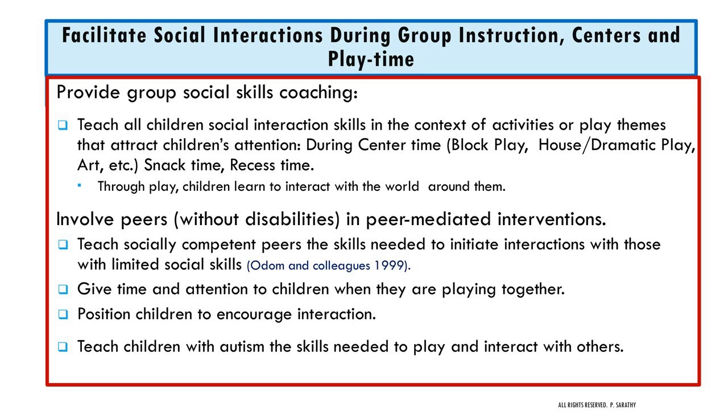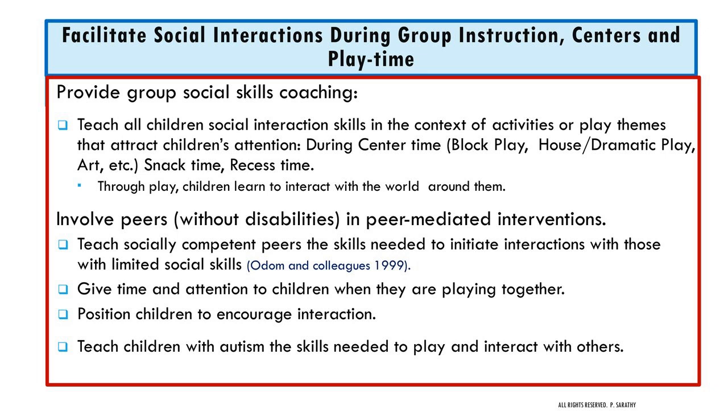So these are all through play. They will learn to interact with others and also to learn about the world around them. And so teach socially competent peers the skills needed to initiate interactions with those with limited social skills. Give time and attention when they are playing together. Oh, I like the way you're playing with Anna.